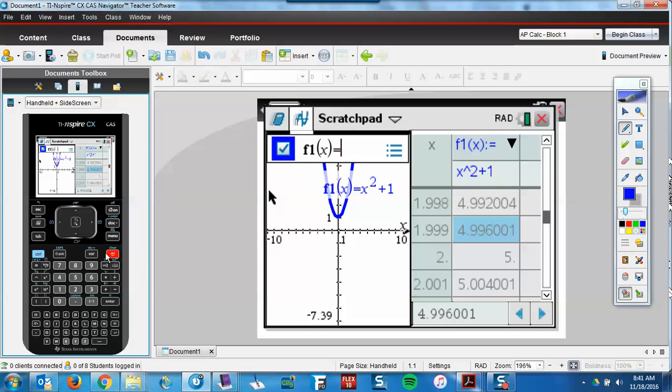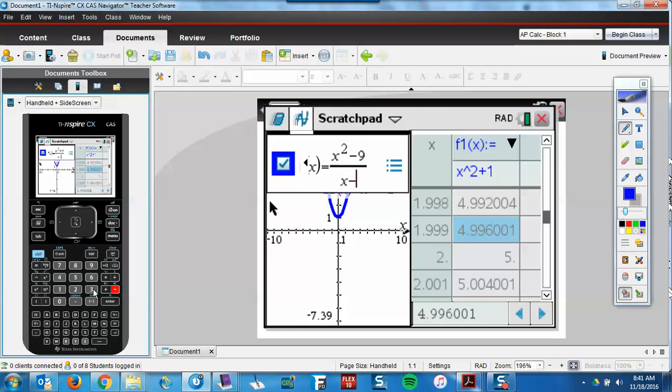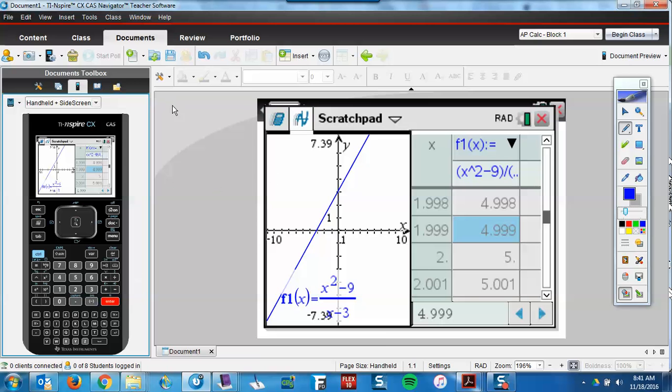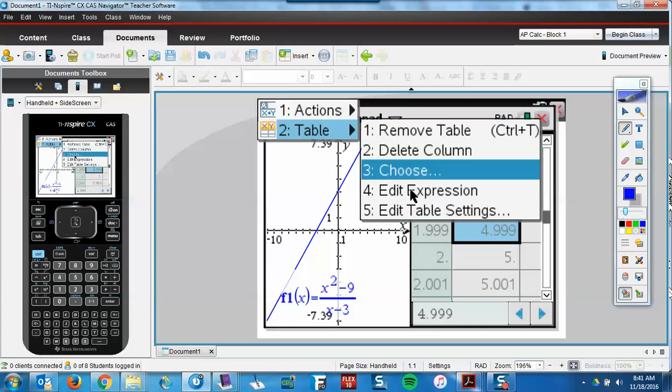So if I wanted to do this problem that I just did a minute ago, I'd put in x squared minus 9, and then down here put x minus 3. If I want to put that in there and then come over here to my table, I've got to highlight my table. There we go. Now I go to my table and go to my menu options.